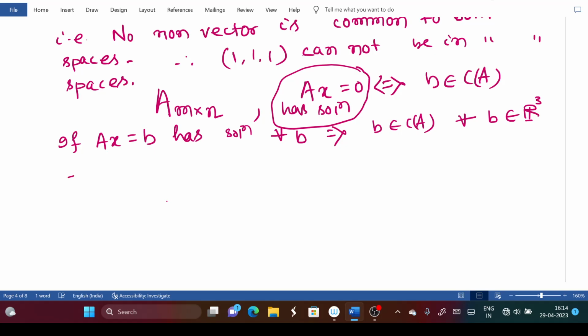That is, C of A is equal to the whole R to the power m.